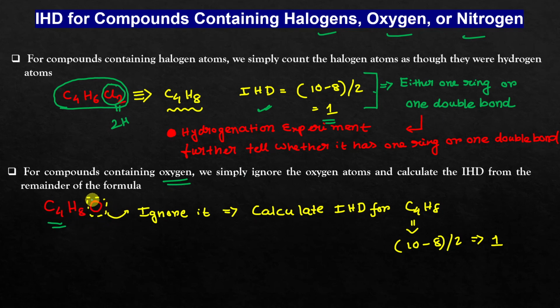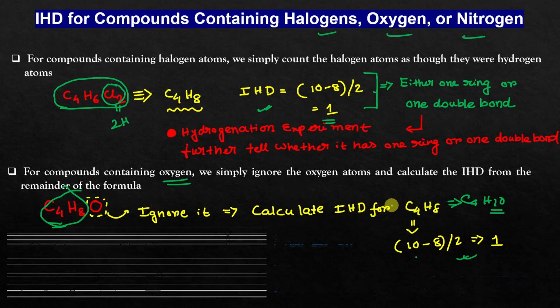Simply ignore the oxygen and calculate the IHD for C4H8. The IHD will be 10 minus 8 divided by 2, where 10 means C4H10, its corresponding acyclic alkane. So 10 minus 8 divided by 2 is 1. So it has an IHD of 1.